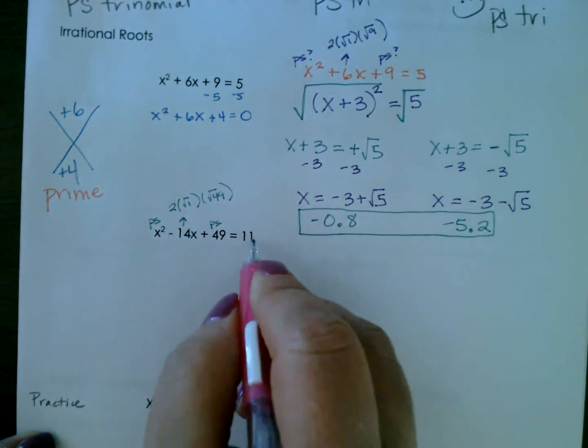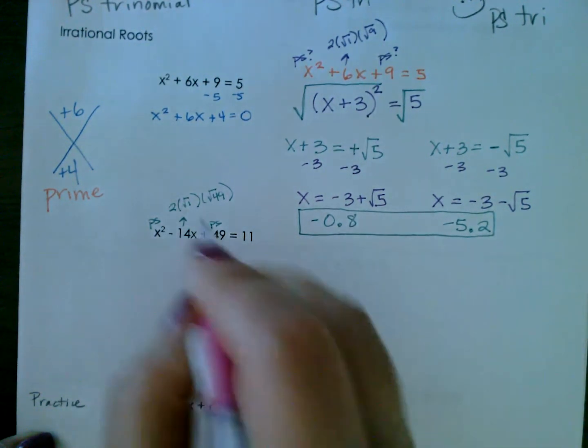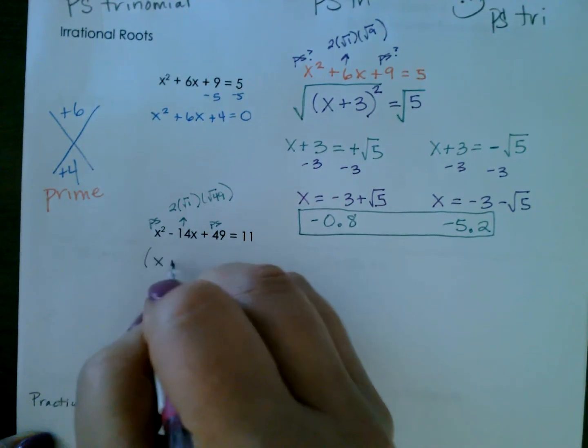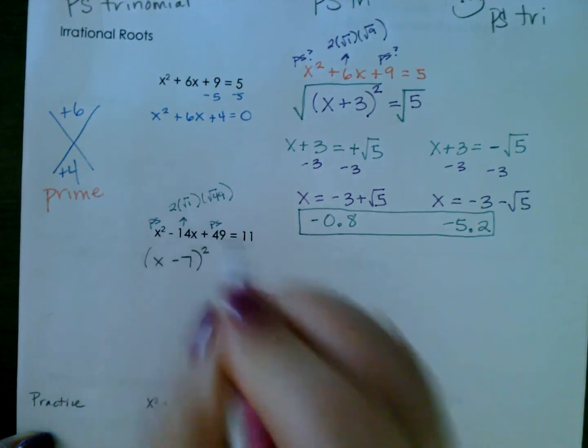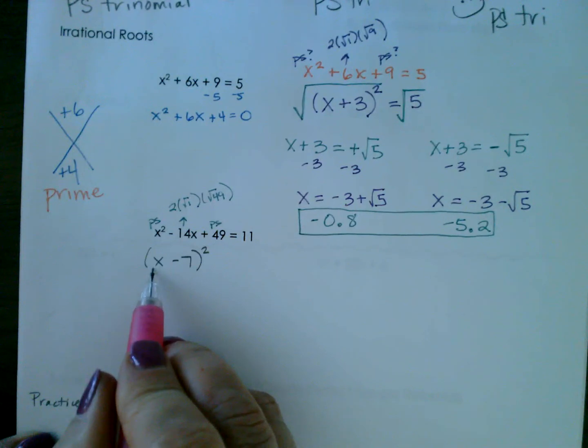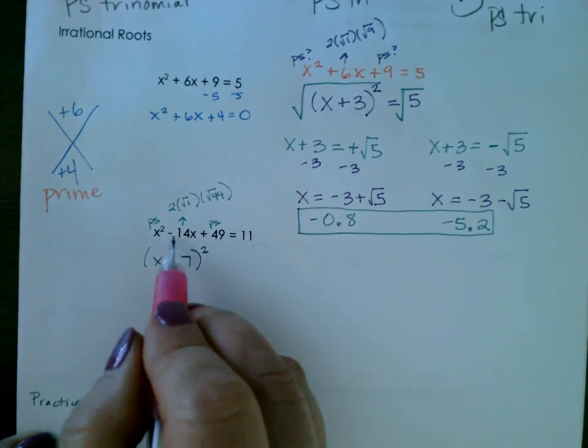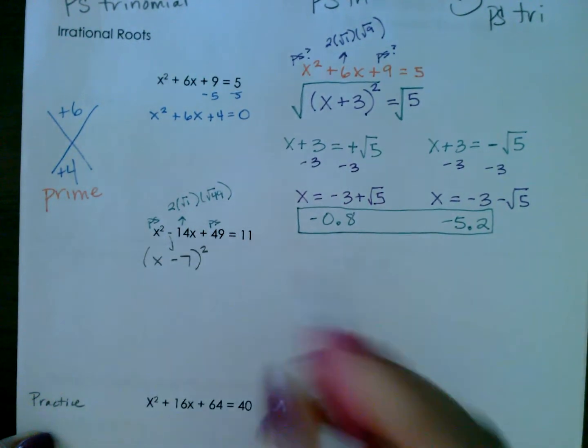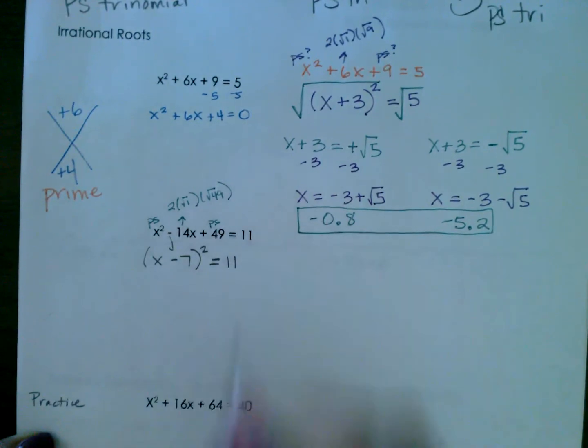So instead of bringing the 11 over, I can factor this: square root of the a term, square root of the c term, sign in front of b, equals 11.